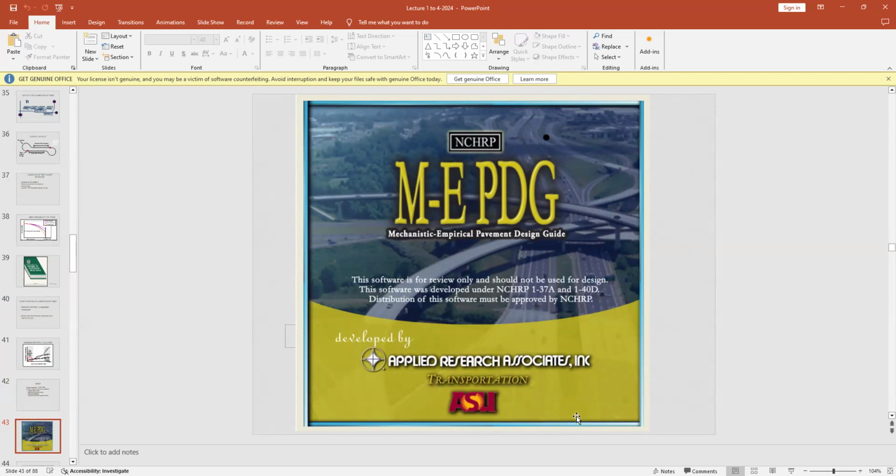The problem is that it is very much localized to US conditions. You don't have a formal manual method of calculating. You can design the pavement, but only based on the material properties available in the US, because they have incorporated most of it in this MEPDG.